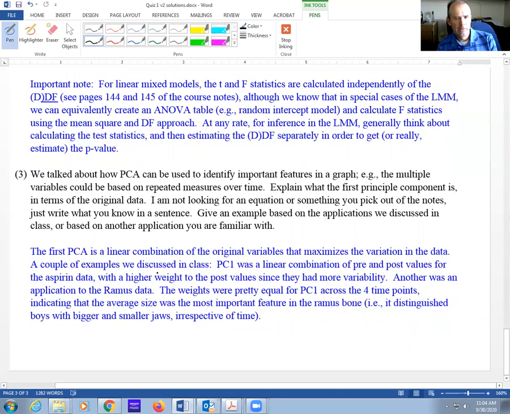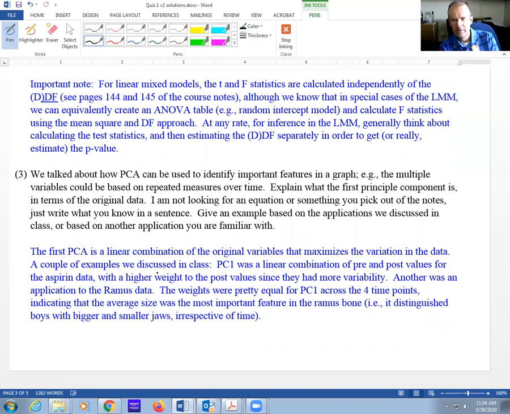Then the last one was the PCA, and I think most people did this pretty well. The first principal component is a linear combination of the original variables that maximizes the variation in the data. One easy way to see that was with the data set that had 2 variables, the pre and post values.